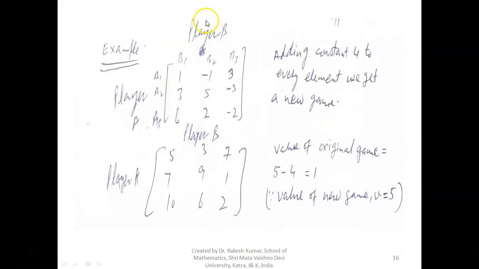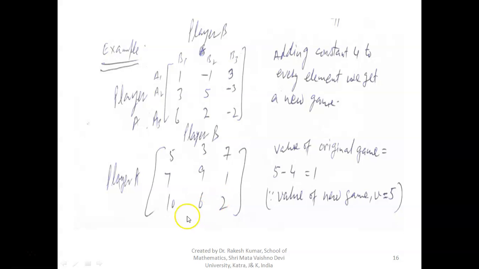For example, if you consider this game, player A and player B, these are the strategies of player A, these are the strategies of player B. We can see that there are certain negative elements in this table. So what we have to do, we have to add some constants. Let us add 4 to every element so that these elements become like this: 4 plus 1, 5, 4 minus 1, 3, and like this.